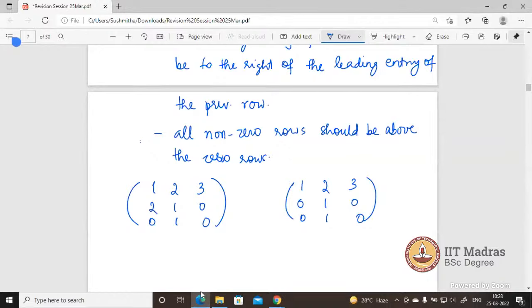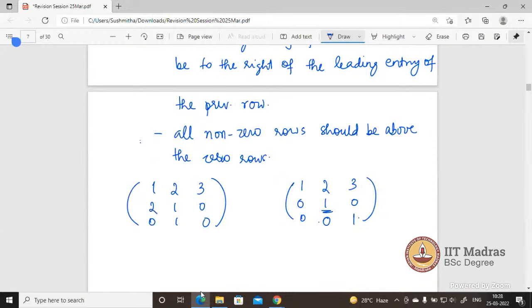Because in the second and third rows, the 1 is appearing at the second position. So this is the leading non-zero entry of my second row, and any leading non-zero entry of the rows below it should be to the right of it. So this should basically be 0, right? Now is it in row echelon form? Yes. Now is it in row echelon form? Yes. So all these are row echelon forms.